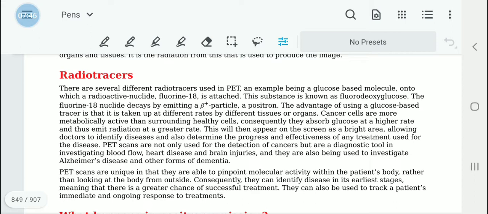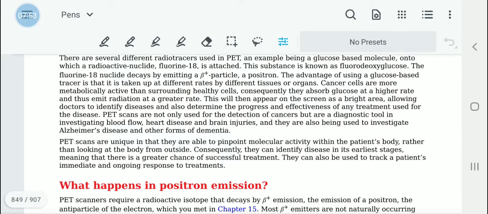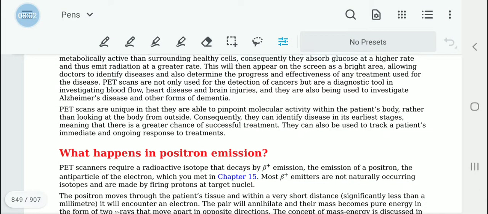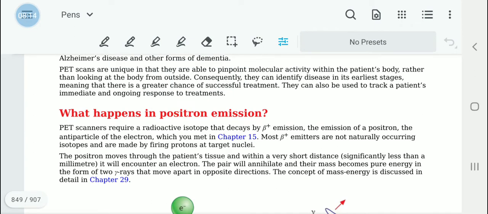When glucose is absorbed by a cell, it would be shown by the radiation. Cancer cells are more metabolically active, therefore they will take in more glucose and would be clearly seen.